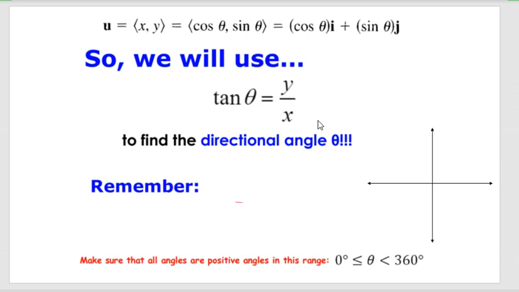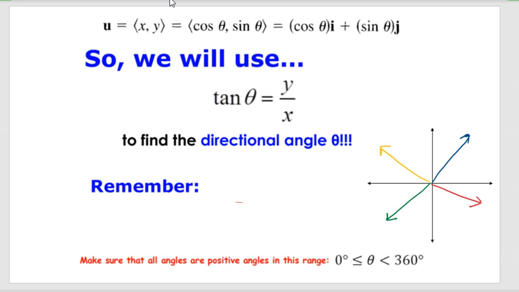Looking at the next page, what I want you to remember is that if I want to find the angle theta, it's located in one of the 4 quadrants. It's either coming out here, or going this direction, or this direction, or lastly, down here.